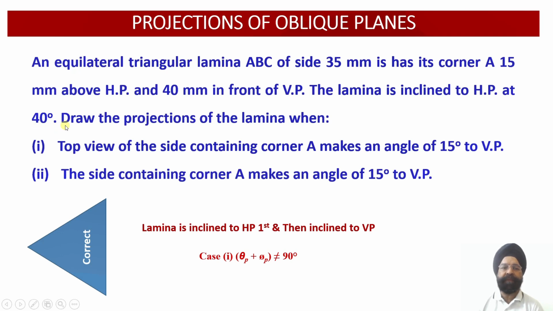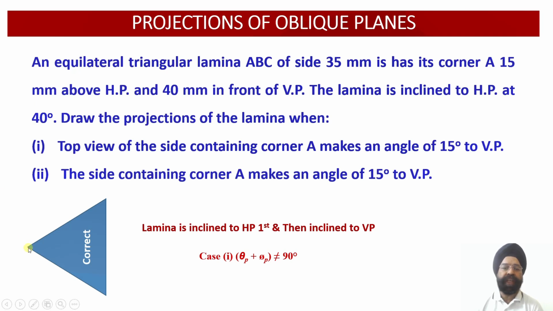So we have been provided with this information that the first inclination of this lamina happens to be with respect to the horizontal plane, and since this lamina is first of all inclined to the horizontal plane, initially we are going to assume that this triangular lamina is parallel to the horizontal plane. Since it is parallel to the horizontal plane, its top view, which is obtained on the horizontal plane, will reveal its true shape.